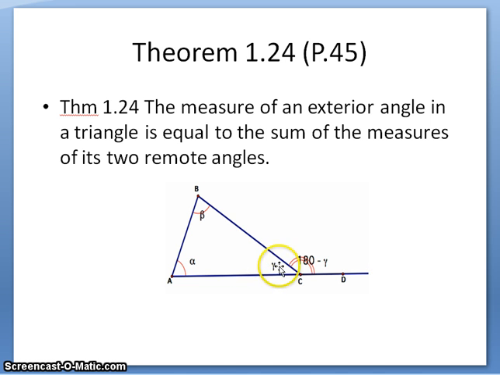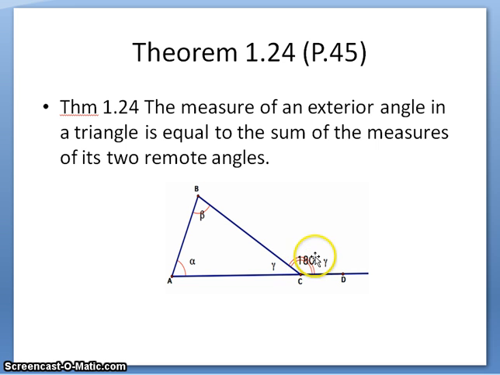Because clearly this exterior angle and this interior angle are adjacent to each other, they are a linear pair. If the measure of angle BCA is gamma, then of course we can find the measure of BCD, which is supplementary, 180 minus gamma.